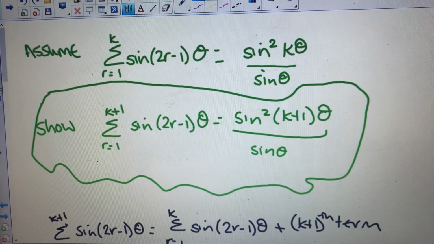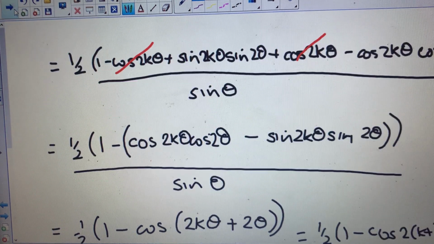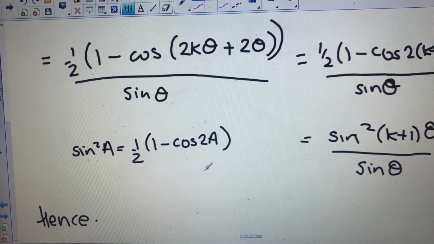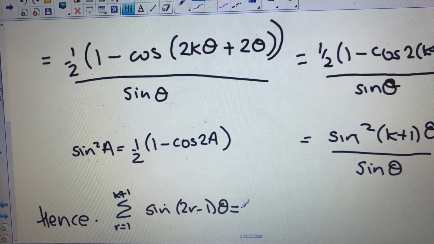If we go back, we have shown that this equals that. It's taken absolutely ages. Hence, the sum, and I think I need to go back to the beginning where I wrote it down, k plus 1, r equals 1 of the sine of 2r minus 1 theta equals, I'll just show that again.